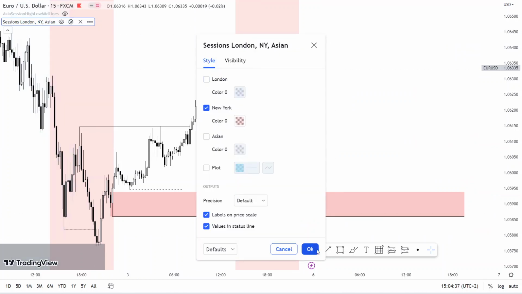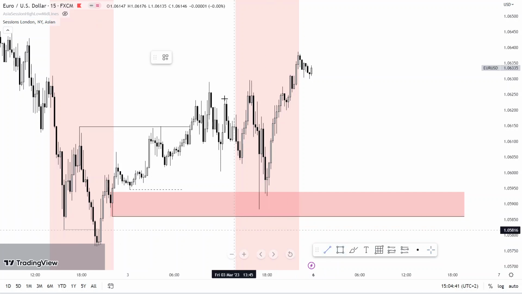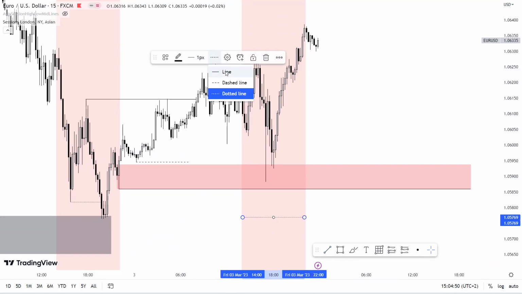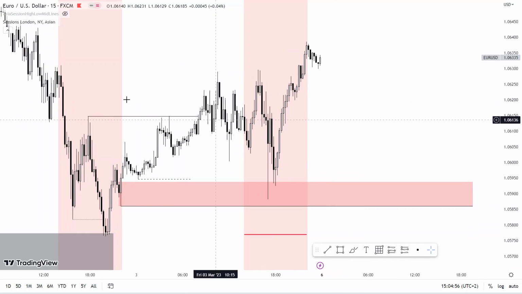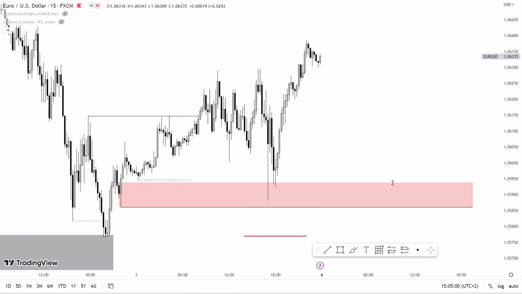So right now, yeah, it actually happened during New York. So we're gonna mark it up like that. New York session trade. I usually prefer trading during London because it's way early for me. I get to do other things after being done taking the trade. So fine.